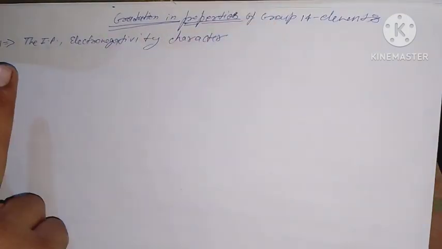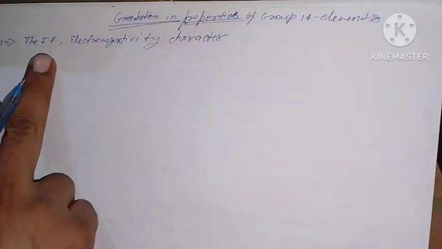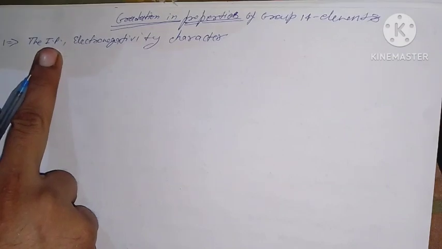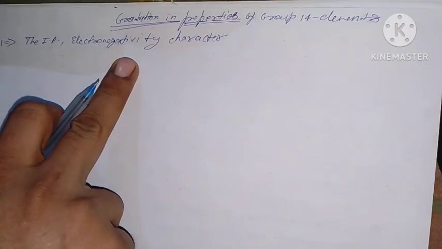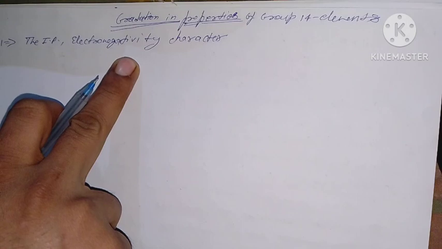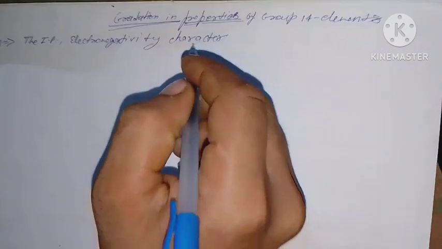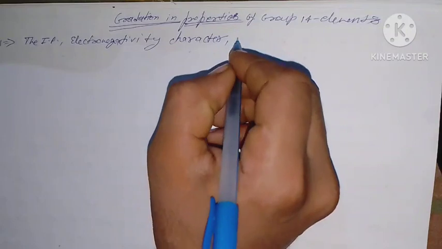First point: the ionization potential, electronegativity character, and melting point and boiling point.